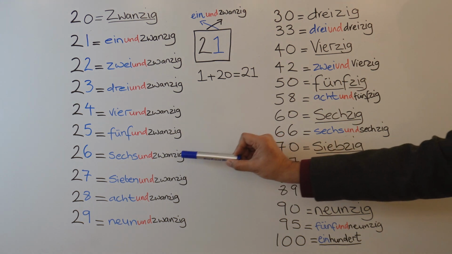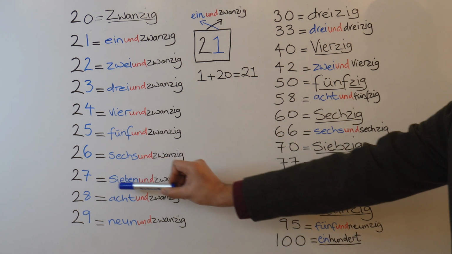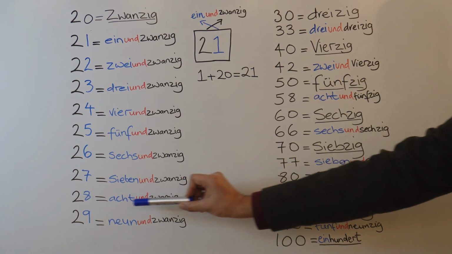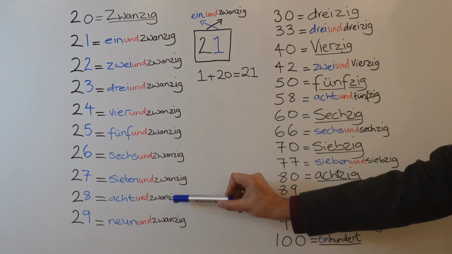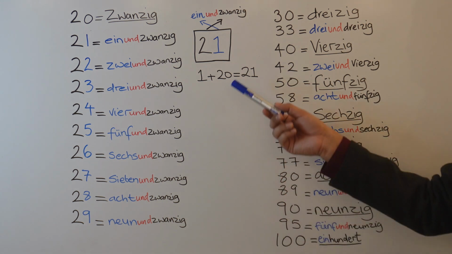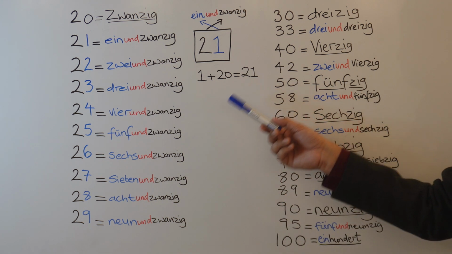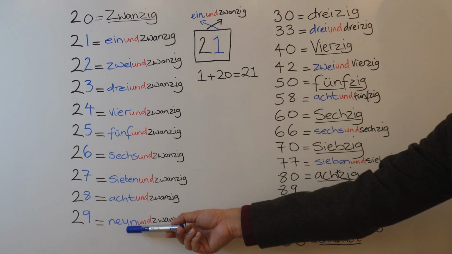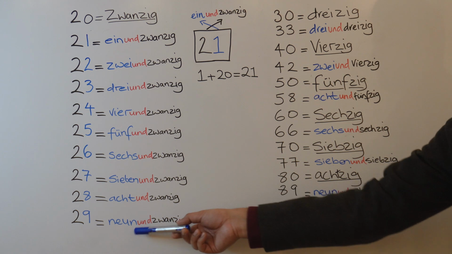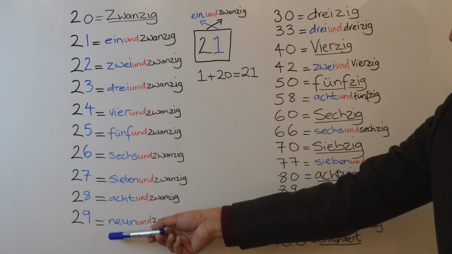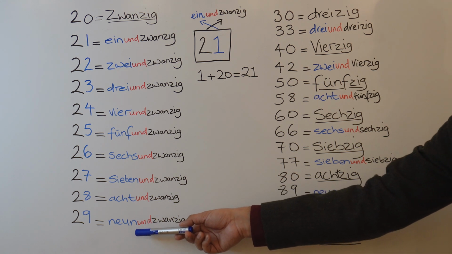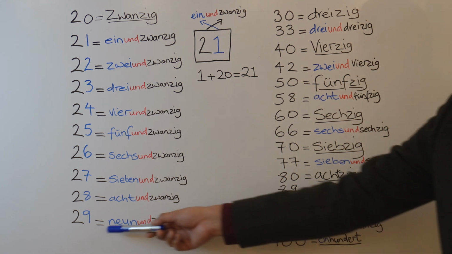Then 27, 28, and the same principle of 21 will also apply on 29. 9, you will say this one first, and 20, 29. That means 9 and 20 becomes 29. So in German we say 29.